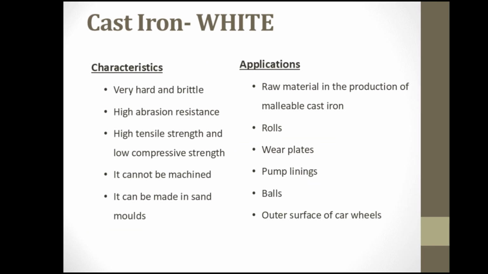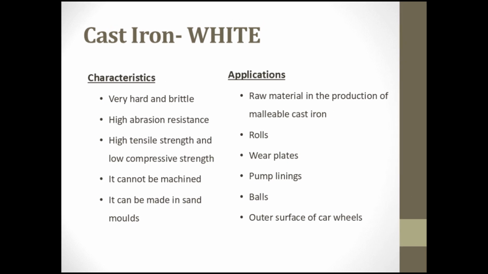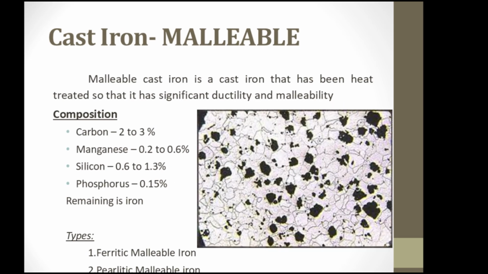Characteristics: very hard and brittle, high abrasion resistance, high tensile strength and low compressive strength. It cannot be machined. It can be made in sand molds. Applications: raw material in the production of malleable cast iron, rolls, wear plates, pump linings, balls, outer surface of car wheels.